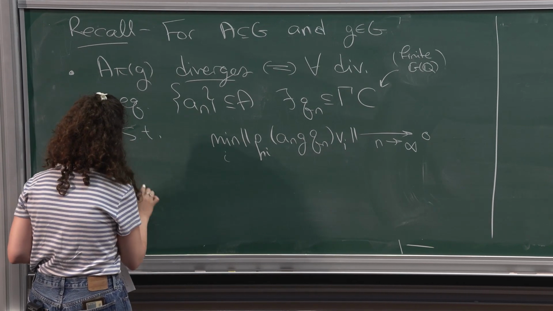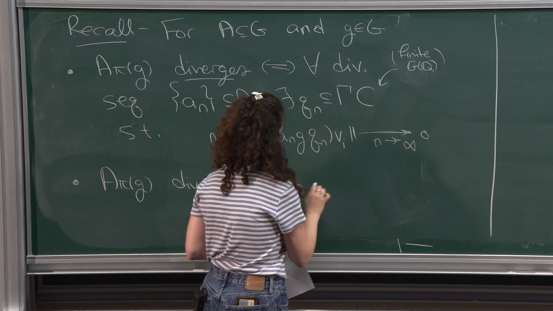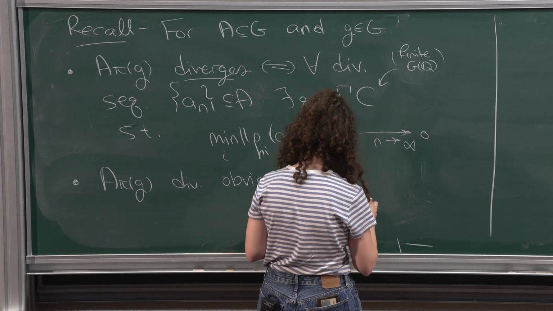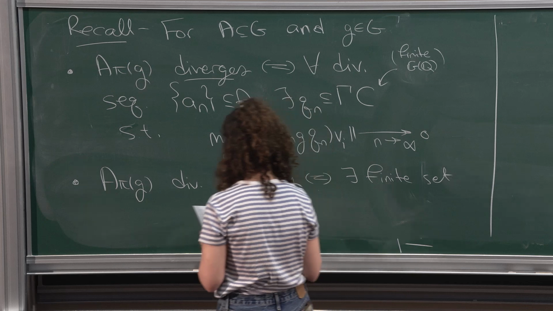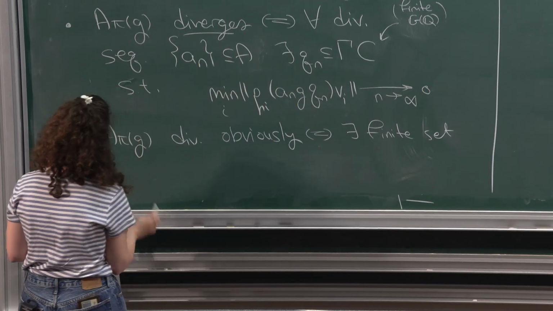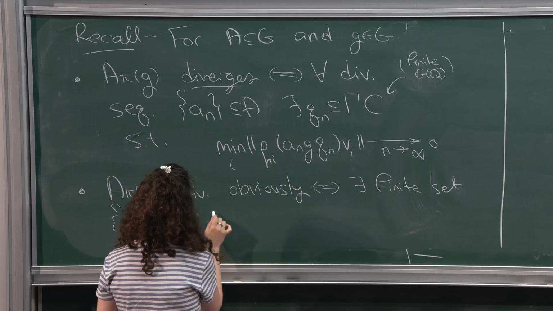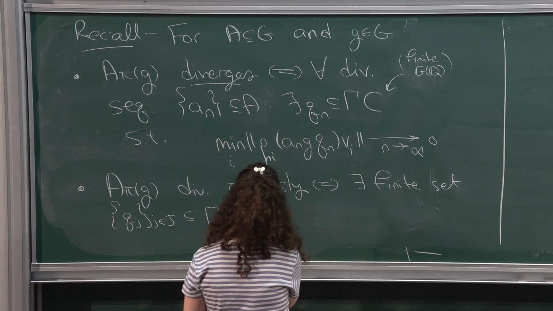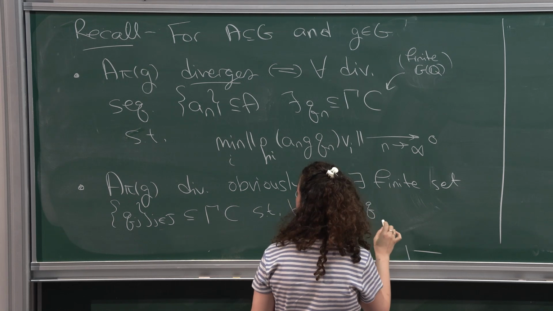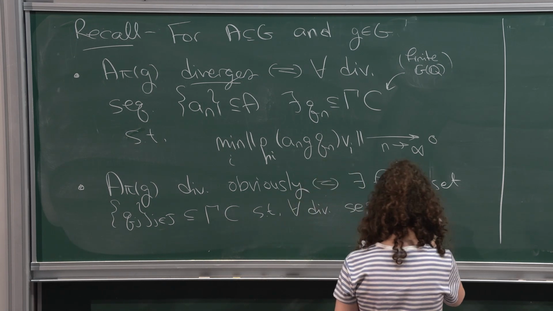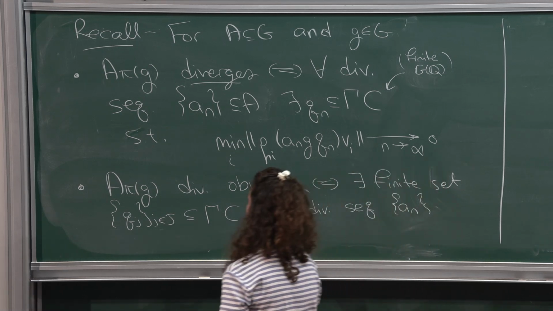So we said that A pi g diverges obviously if and only if there exists some finite set q_j, j in some J, in this gamma C, such that for any diverging sequence a_n, we can look at the minimum.